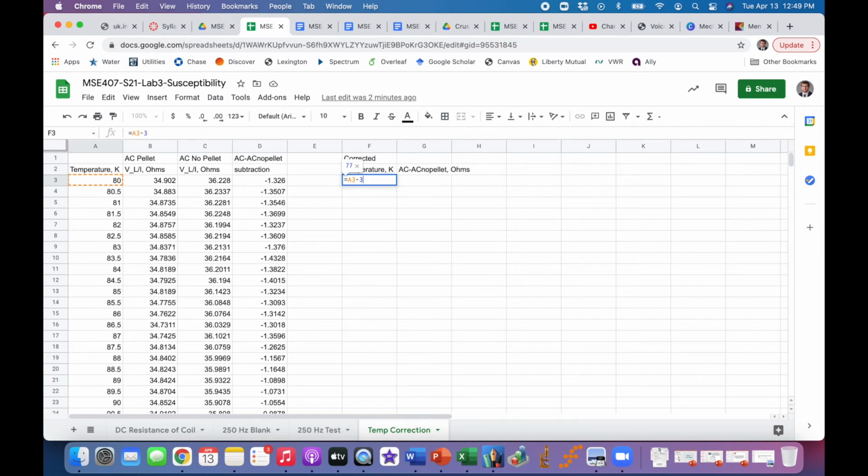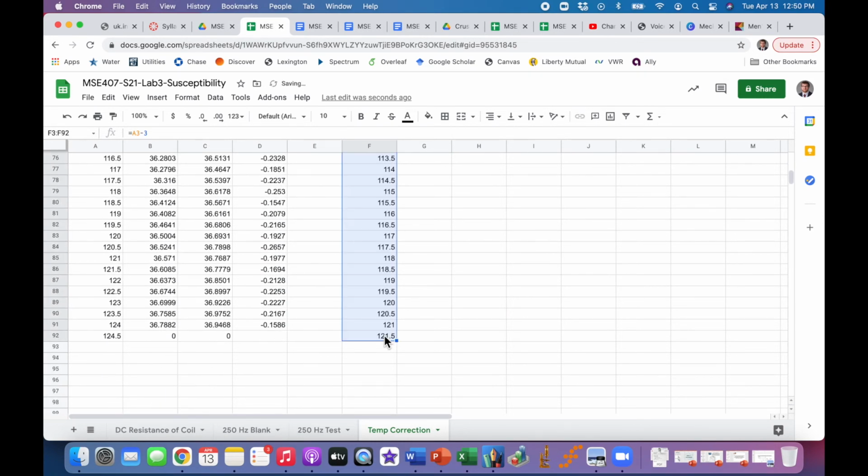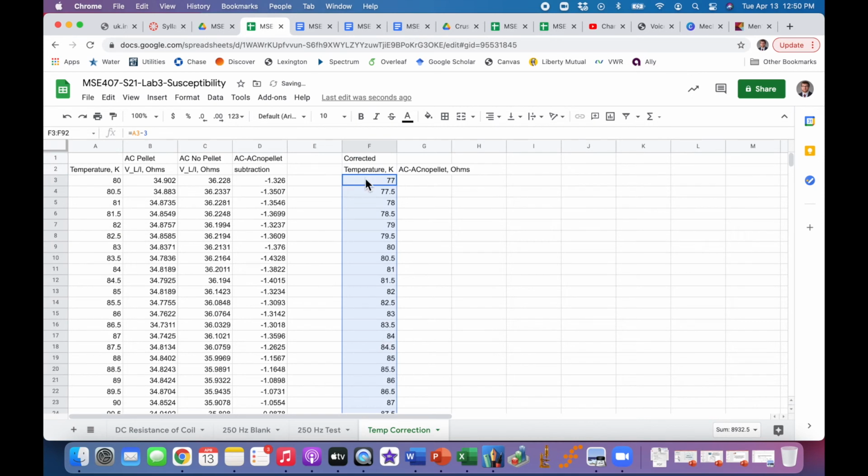Again, that's because we're measuring 79 with our instrumentation when it actually should be 76. So we're going to do a uniform shift of 3 degrees. I'm going to go ahead and correct all of these values, and you just see that it's offsetting everything by 3.